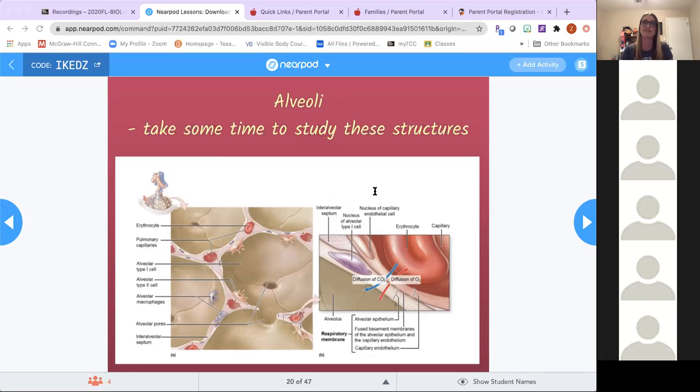You need surfactants to reduce surface tension between water molecules that line the inside of the alveolus, because the surface tension is favorable to alveolar collapse. The surface tension is like attraction between water molecules, and so you have to kind of work against it so that your alveoli do not collapse and stick together.